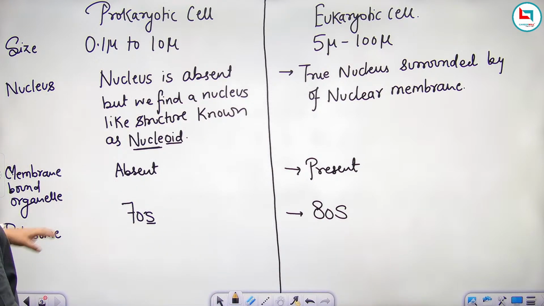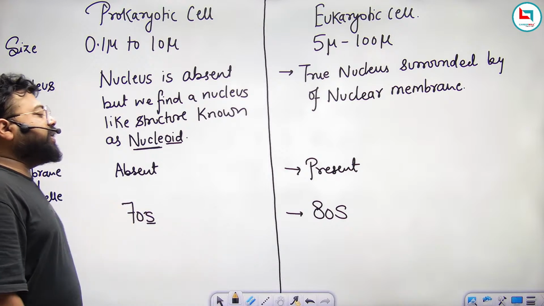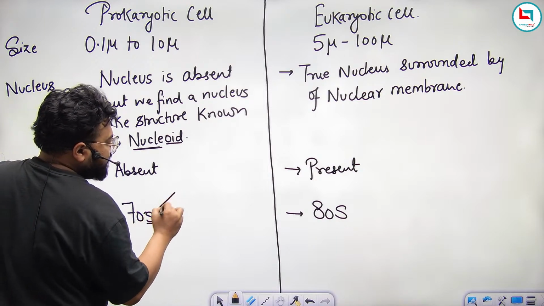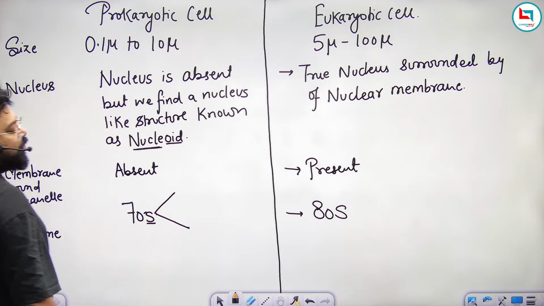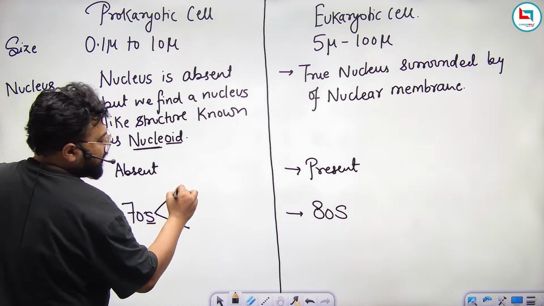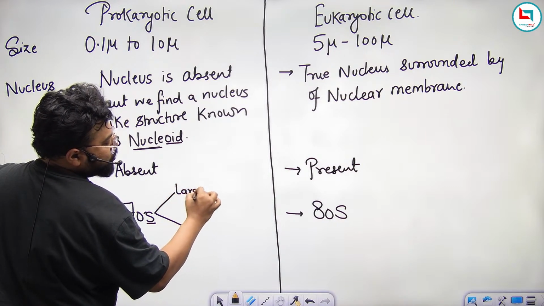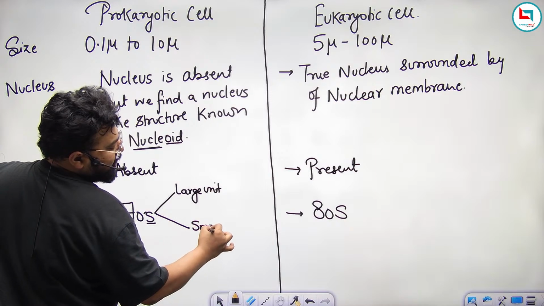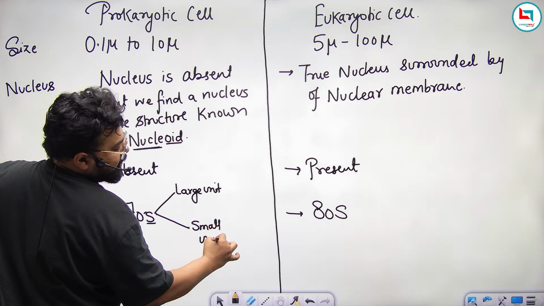But these structures, 70S and 80S, only form during the time of protein synthesis, when ribosomes have to synthesize a protein. Otherwise these ribosomes remain apart in the form of a large unit and a small unit inside a cell.